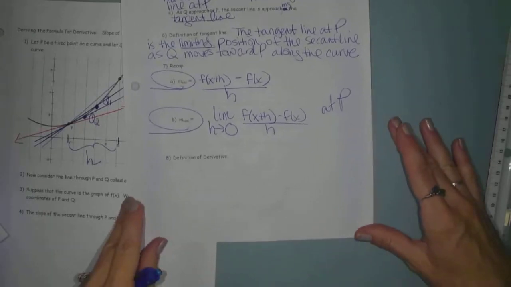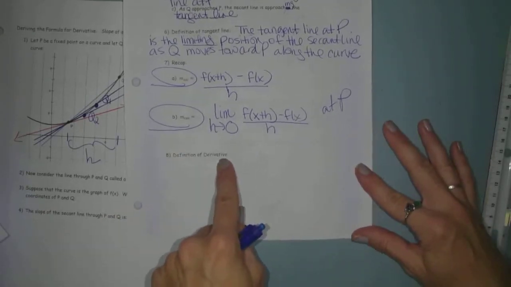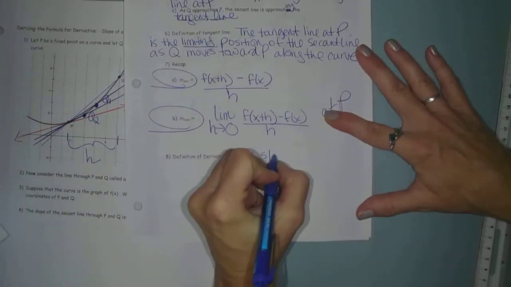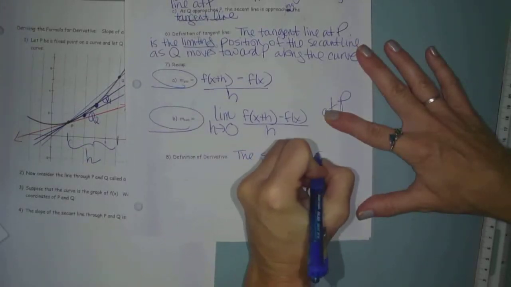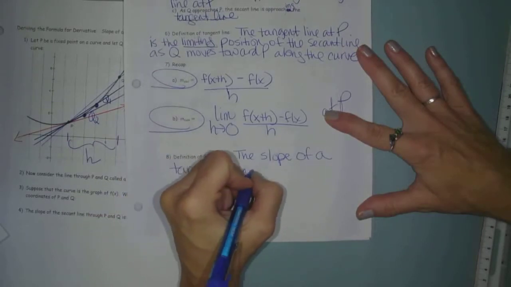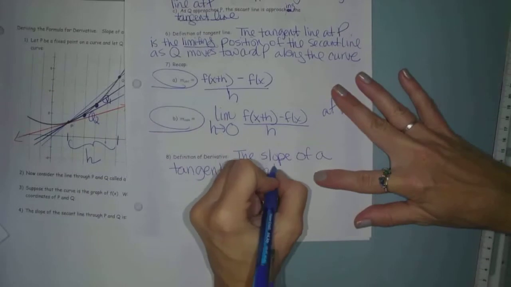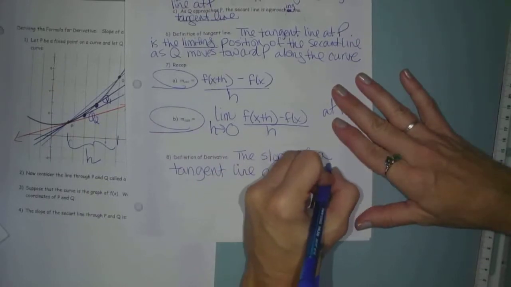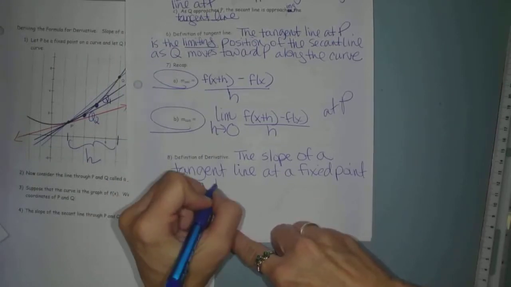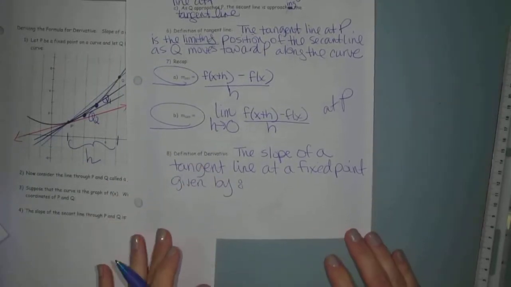And we have now come to the definition of derivative. Derivative is the slope of a tangent line at a fixed point given by, and here's the formula. This is the one to memorize.